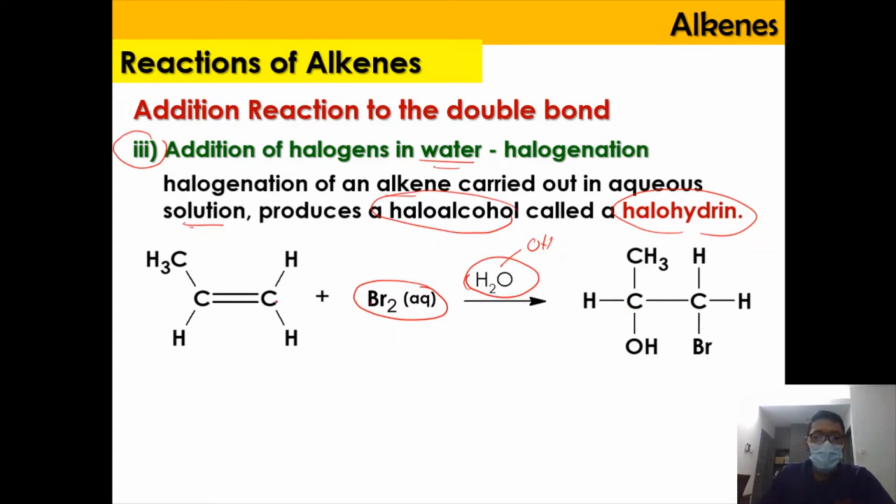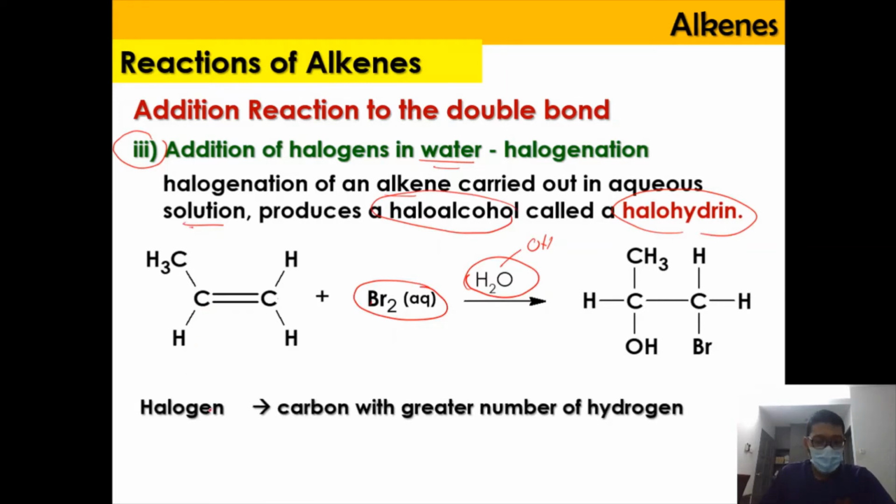So how do we know whether OH is going to be attached here or here? For this case, the halogen is going to be attached to the carbon with the greater number of hydrogens. In this carbon number 1, if I write it here, carbon number 1 has 2 hydrogens.